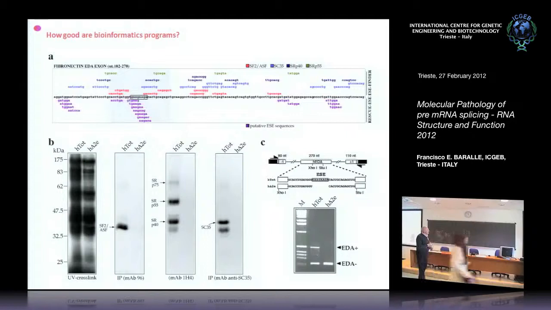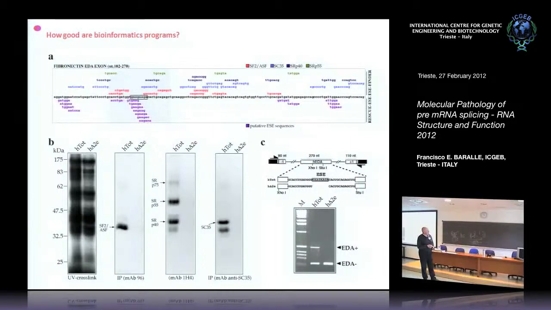If I apply most of these, any ESEfinder, RESCUE-ESE, these computer programs, to see which part of the sequence could be an enhancer, this comes up. All these sequences in blue, in red, are sites, according to the program, that will bind SF2 or SC35 or SRp40 and so on.